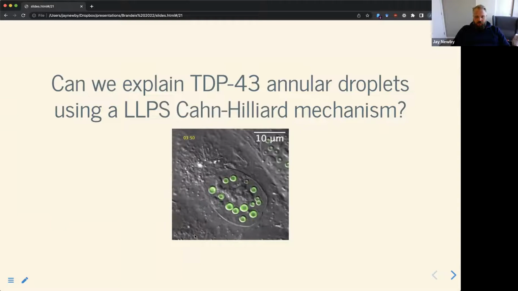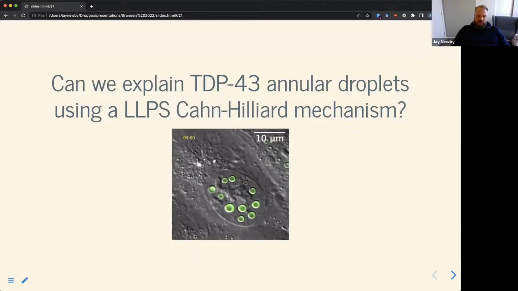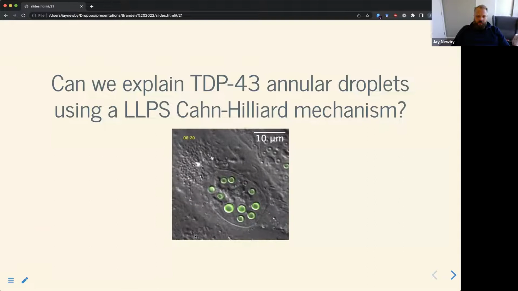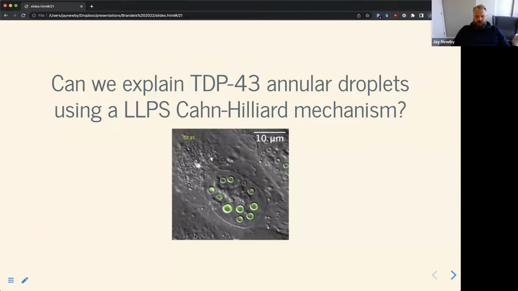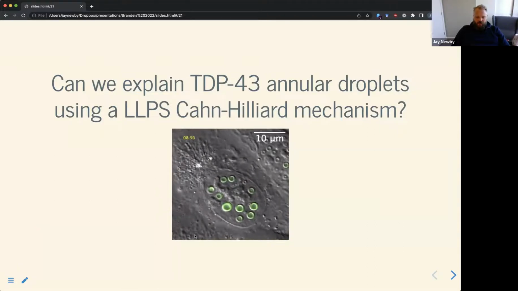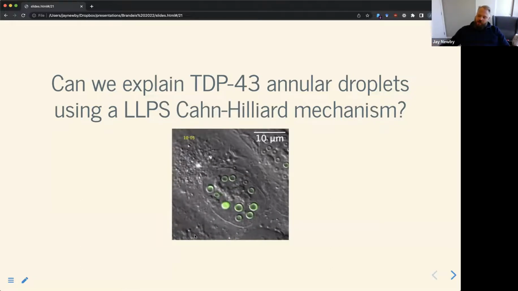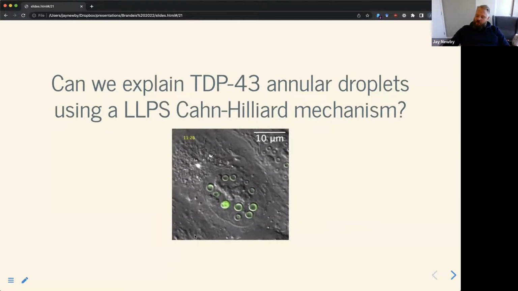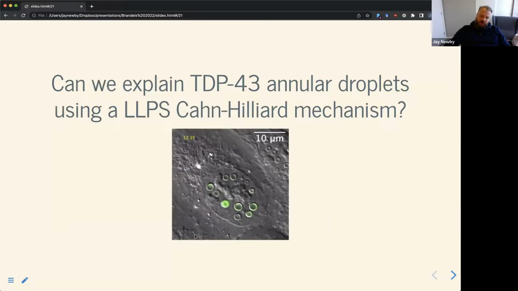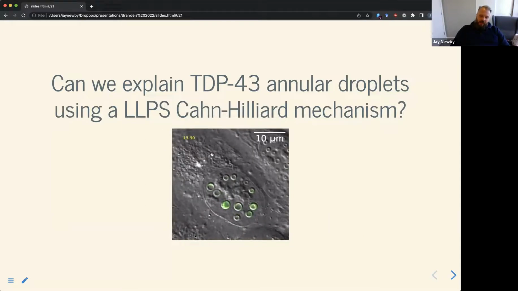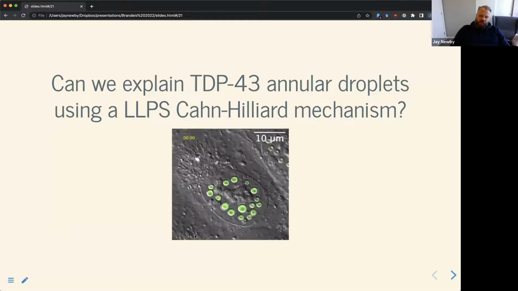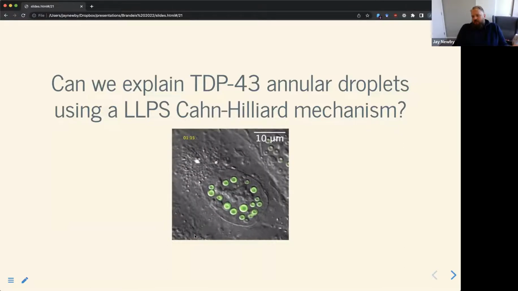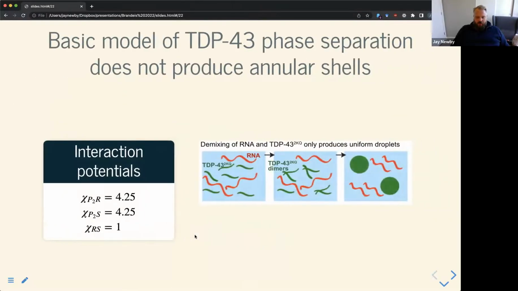So that's our goal: explain how TDP-43 organizes into these annular droplets. Can we explain it with a Cahn-Hilliard mechanism? We took our model and the numerical methods that we had developed for it, some pseudospectral methods to solve those PDEs, and put the chemistry into the model to see if we could get annular droplets, because remember the TDP-43 is dimerizing, and then there's the interaction with the RNA.